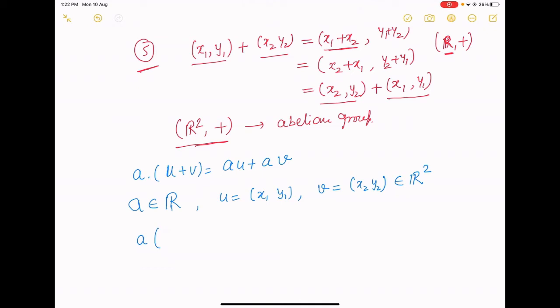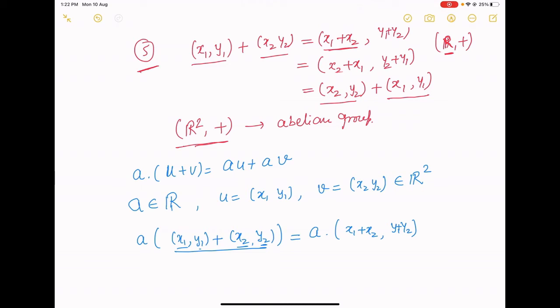Now a operated on u plus v means (x1, y1) plus (x2, y2). It gives you a operated on, first we operate these two, so (x1 plus x2, y1 plus y2). That is, this operation takes place component wise, x1 is added to x2 and y1 is added to y2.